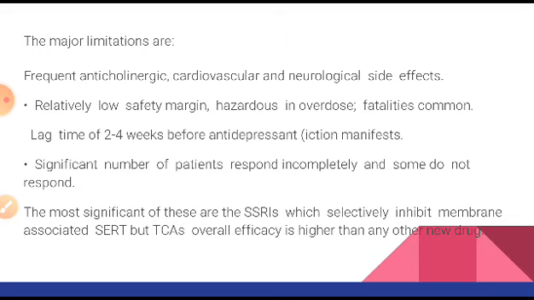So these drugs, TCAs and others, have low safety margins. Hazardous in overdose. Fatality is common. Lag time of 2 to 4 weeks before antidepressant effect. A significant number of patients respond incompletely and some do not respond.